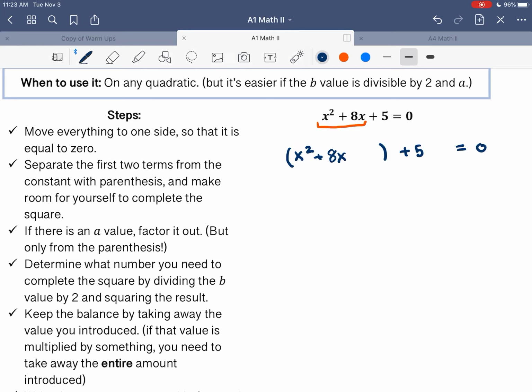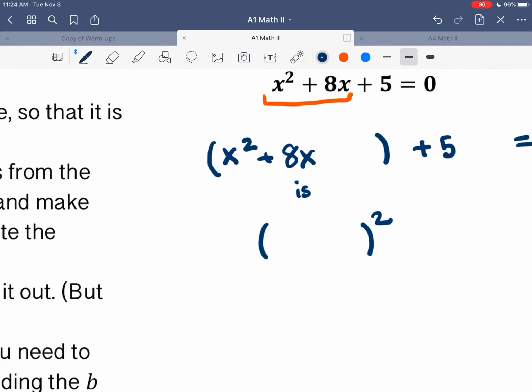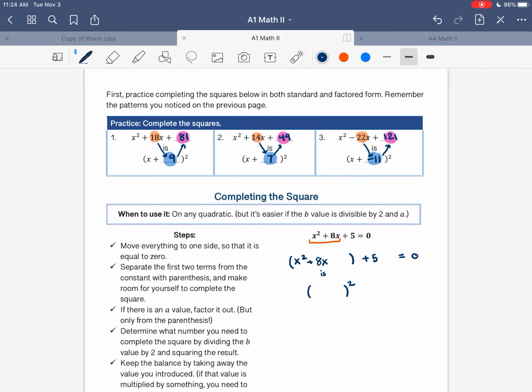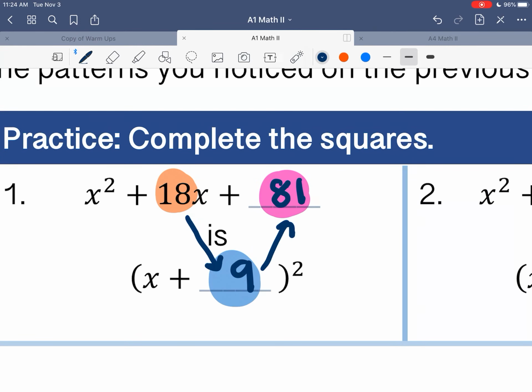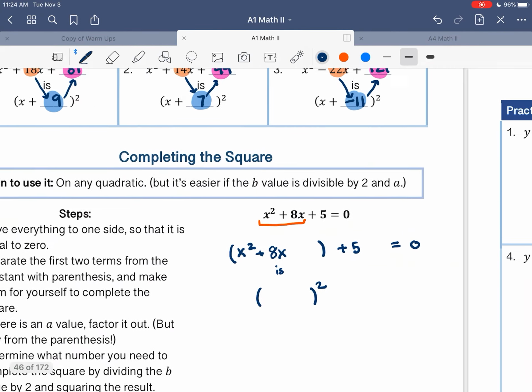So anyway, I separated the first 2 terms, and our job next is to complete this square. This is our perfect square trinomial. We know eventually we're going to write it as something squared down there. Hopefully you can see that this little piece of it is pretty much the same as something like this, where we're filling in the pink and the blue number.